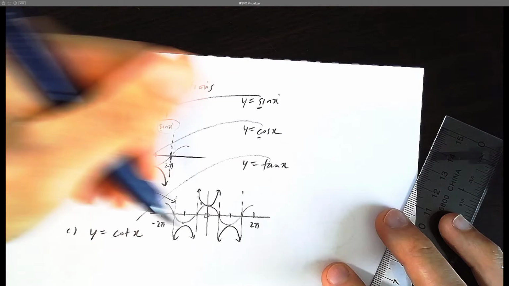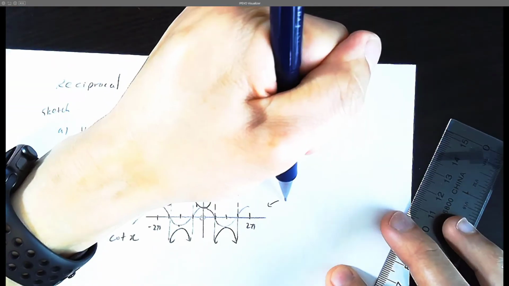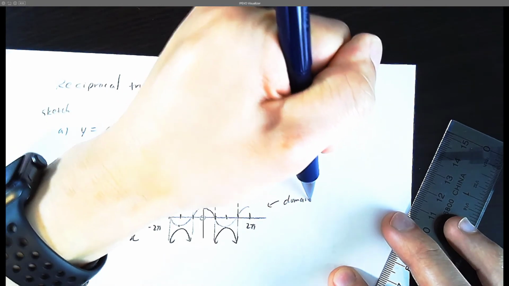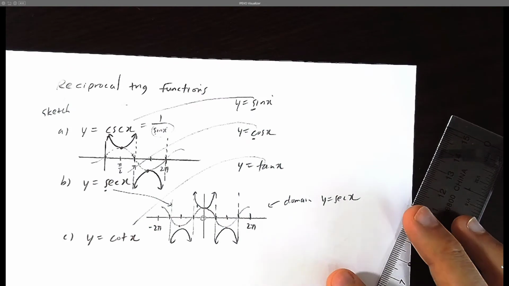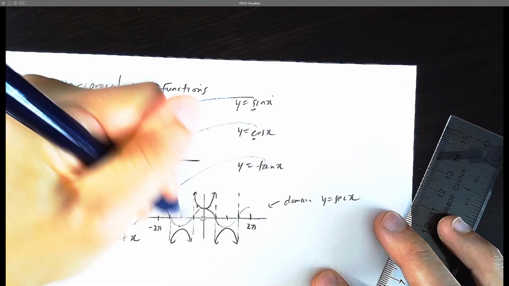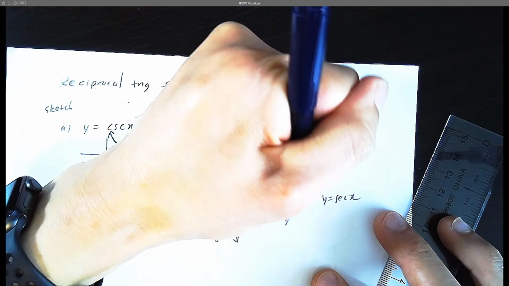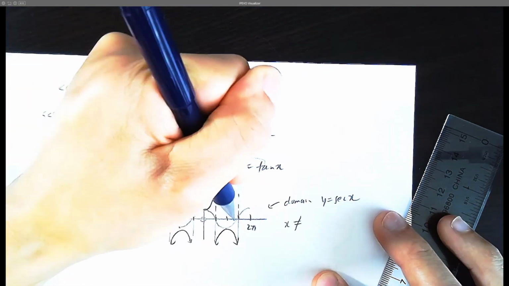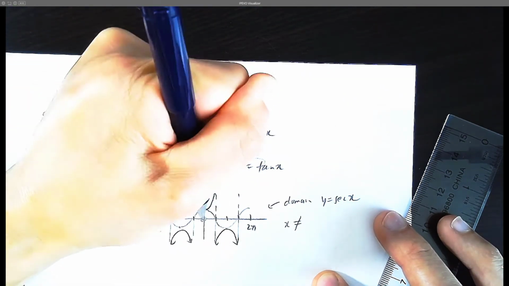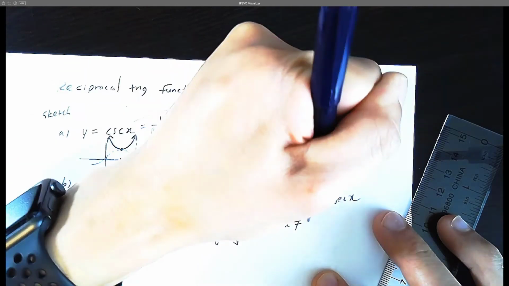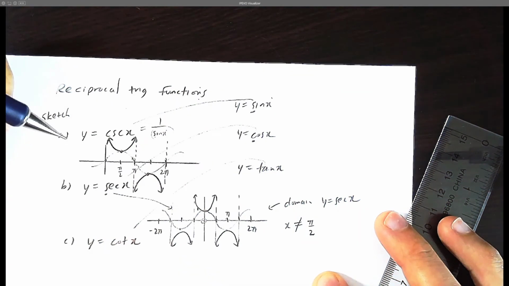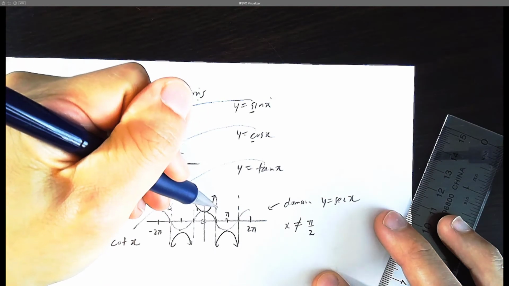So just to focus on secant, the domain of y equals secant x. You would say all real numbers, but remember there are vertical asymptotes. So I'm going to say x does not equal pi over 2. This here is going to be 0, this here is going to be pi, and the first vertical asymptote appears to be pi over 2. So pi over 2 is a no-no, that's over here.